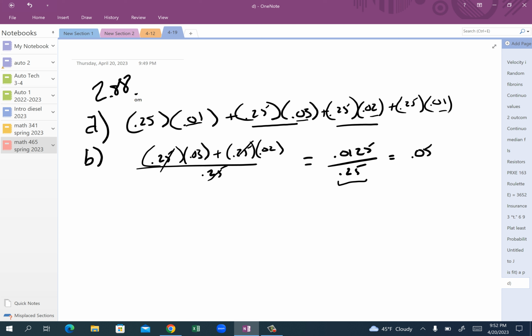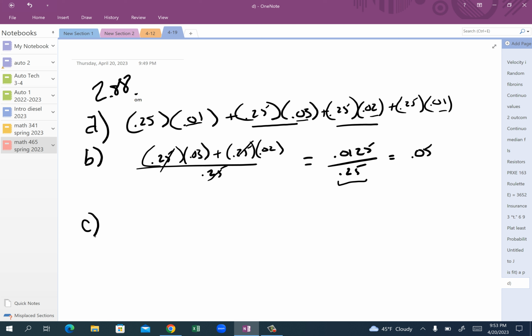The other 75% of all the CDs were never tested at all. So either they weren't tested, that's 75% of them, or the other 25% were tested, and then not 5%, 7% of those failed. The other 93% of those passed. So here's that case. Correct. All right, nice.